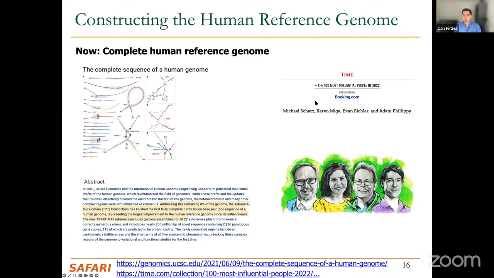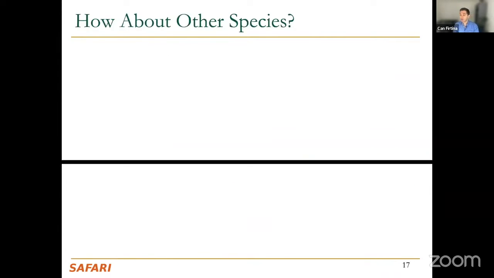So these people were also recognized as among the 100 most influential people of 2022 by Time magazine last year, because of the completion of this human reference genome. So you can see how high impact this is, because it's extremely important to do so, to understand the human genome better and then to develop tools better.